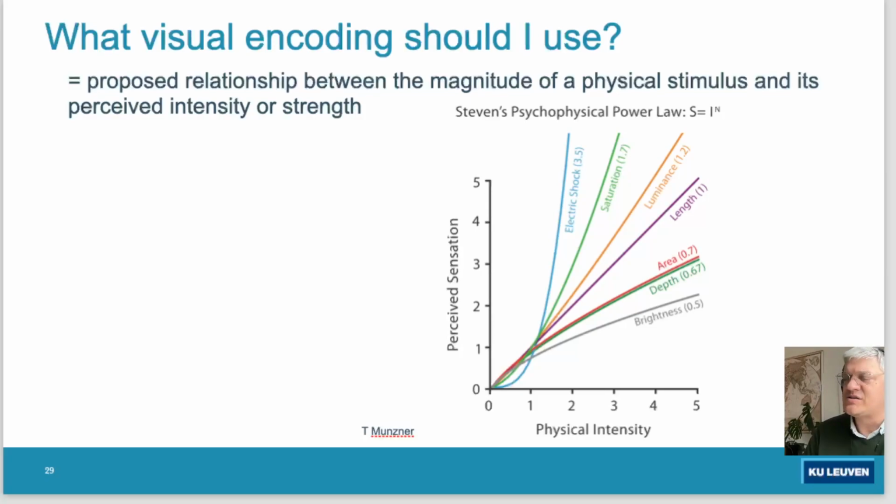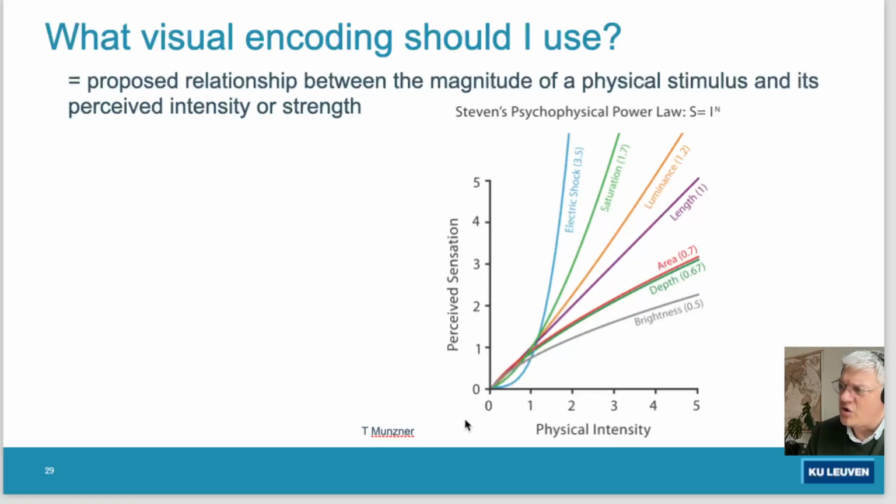Those decisions can be based on what's called Stevens' psychophysical power law, which basically maps out the link between the physical intensity of a signal and the perceived sensation of that signal.